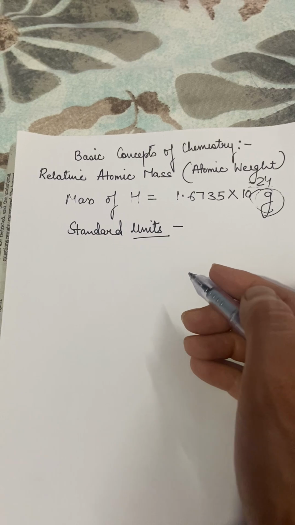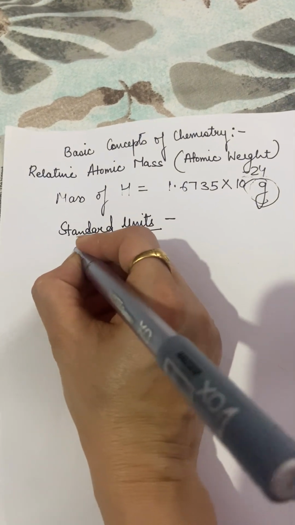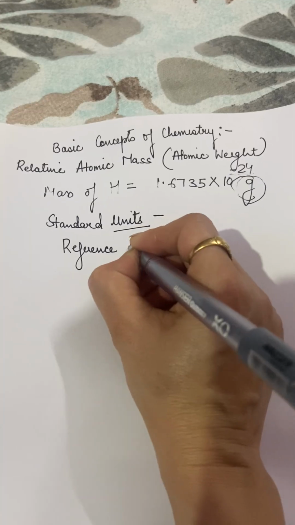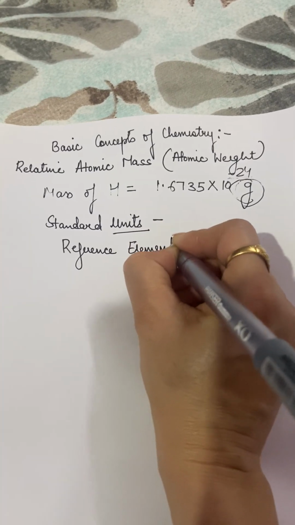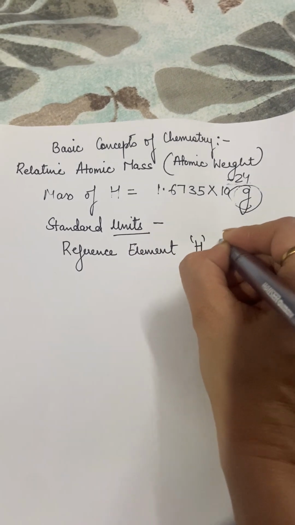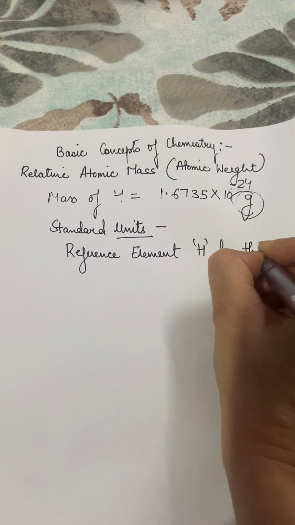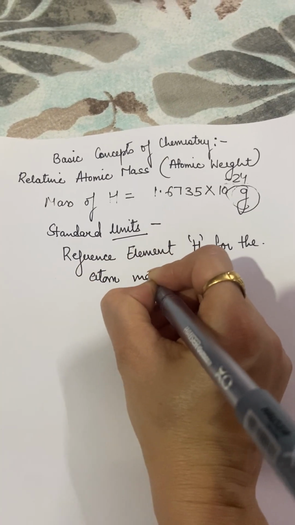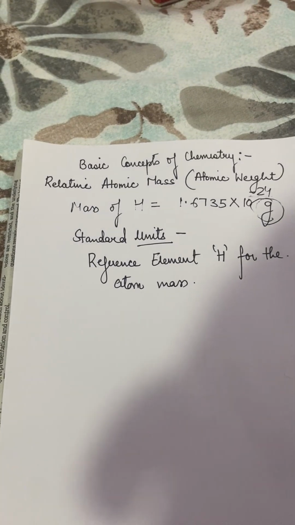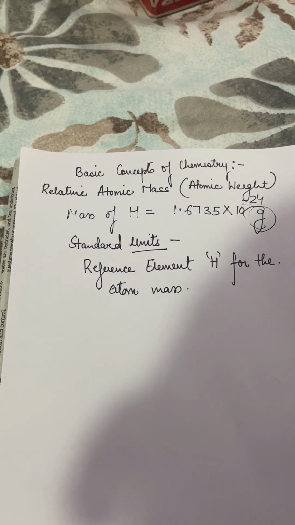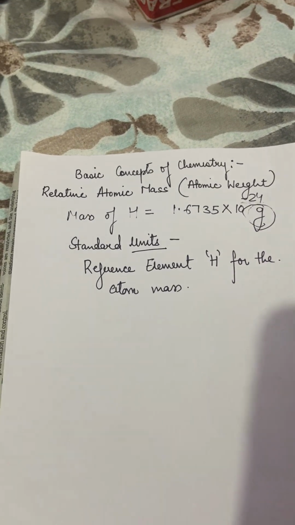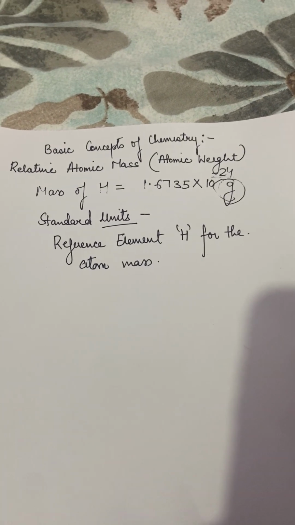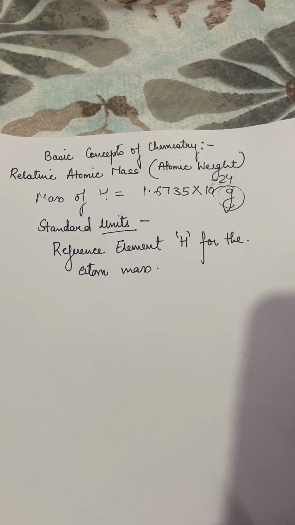Earlier, the scientists had taken the reference element hydrogen for the atomic mass. But later on, they found that hydrogen cannot be chosen as the reference element since it is the lightest element on the earth.